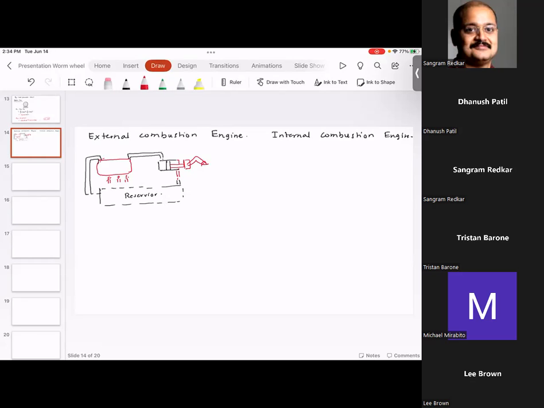This would be the boiler, this is the steam engine, and that is how you can convert. This is the combustion chamber.